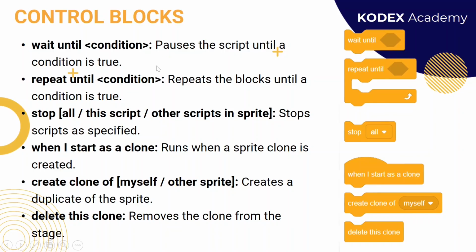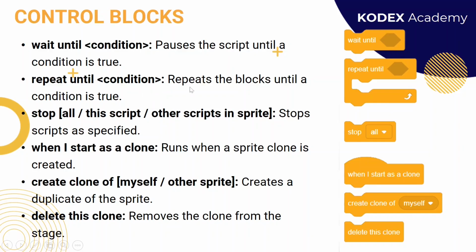So in this kind of situation, when you put in the condition, you make a pause in your sprite until your condition is true. In this particular situation, you can use the block wait until. Now the next one, the repeat block, you can also use in the case of a condition.